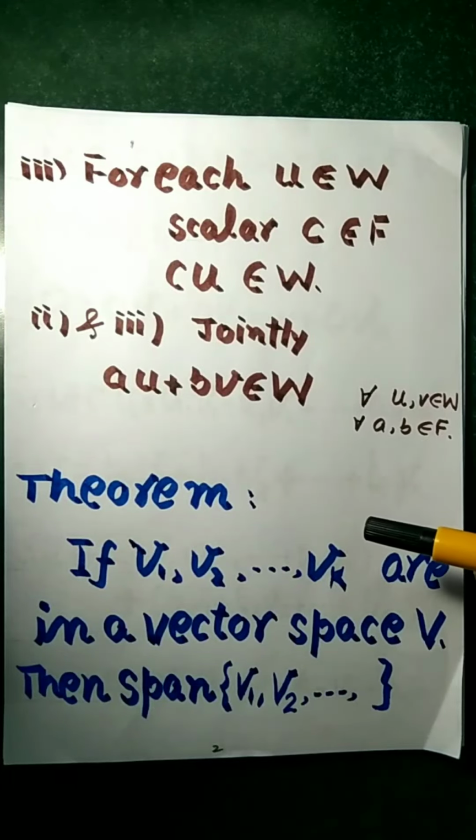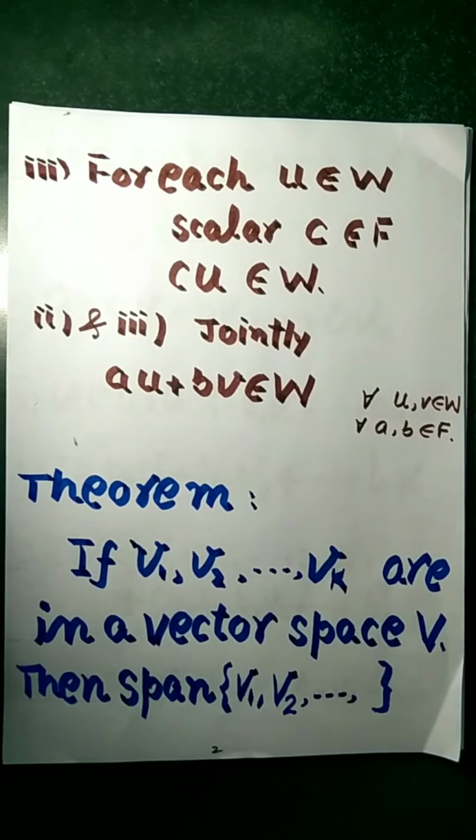Let us discuss this theorem. If the subset W satisfies these three properties, then W itself is a vector space. So we are considering this theorem.